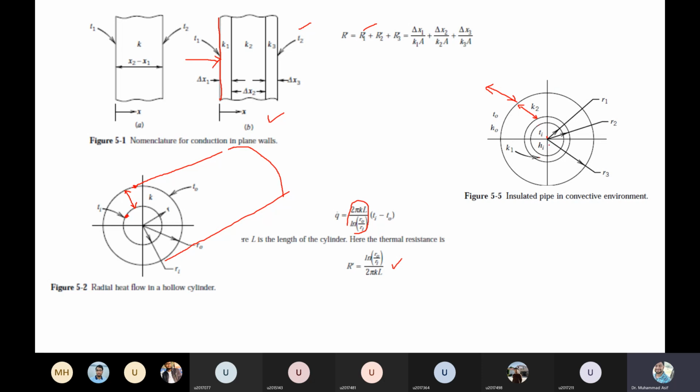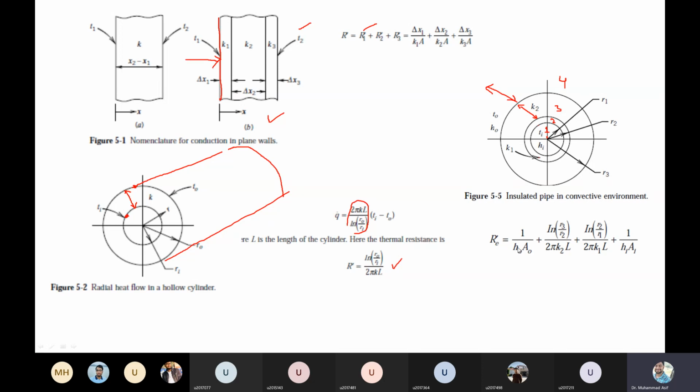So actually, there are four resistances in series. The first one is the convective heat transfer resistance, then we have conduction, then again conduction, and the fourth one is again convection. So the overall resistance we can calculate by summing up all of the resistances.